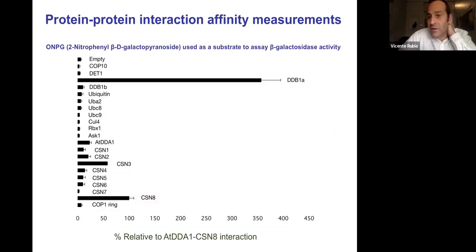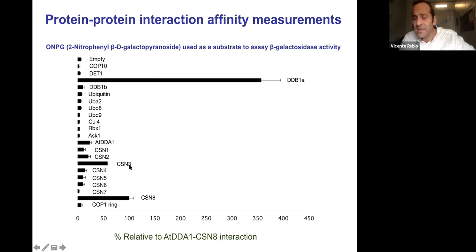And you can quantify this using the beta-galactosidase activity, particularly adding this substrate, ONPG. And just by measuring absorbance, you can measure the strength of that interaction. Particularly this protein of mine was interacting strongly with DDB1, which is part of the same complex, and also with other proteins around there, including some members of the COP9 signalosome.